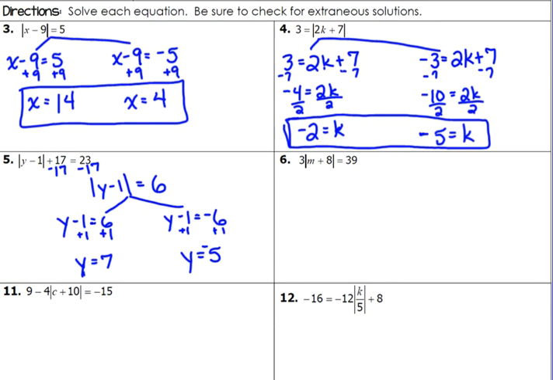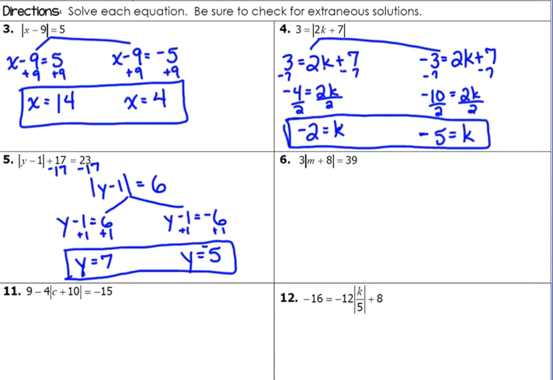Absolute value of that is 6. 6 plus 17 is 23. -5 minus 1 is -6. Absolute value of that is +6. So 6 plus 17 is 23. So both of those check out.